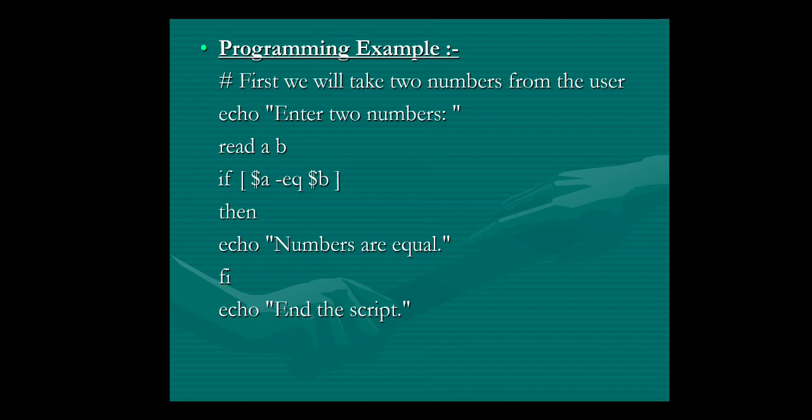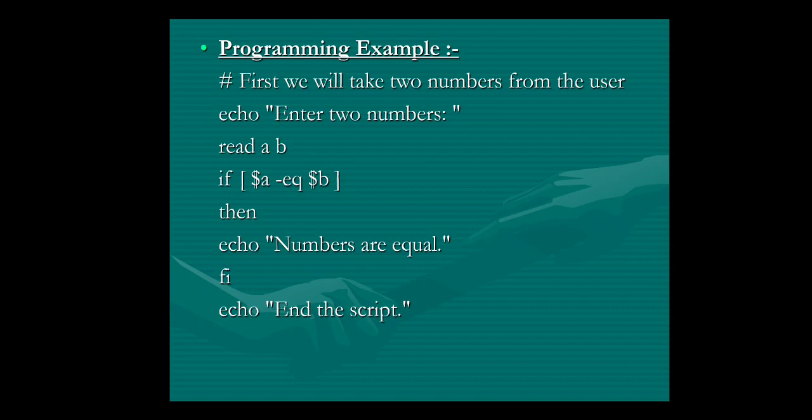Here in this expression, two variables, $a and $b, are compared by the -eq relational operator to check whether they are equal. Now if this expression is true, then the shell statement in the if block will be executed, otherwise it will be ignored. That is, in this program, if the expression is true, then the fifth line, the echo message, will be printed, otherwise it will be ignored.